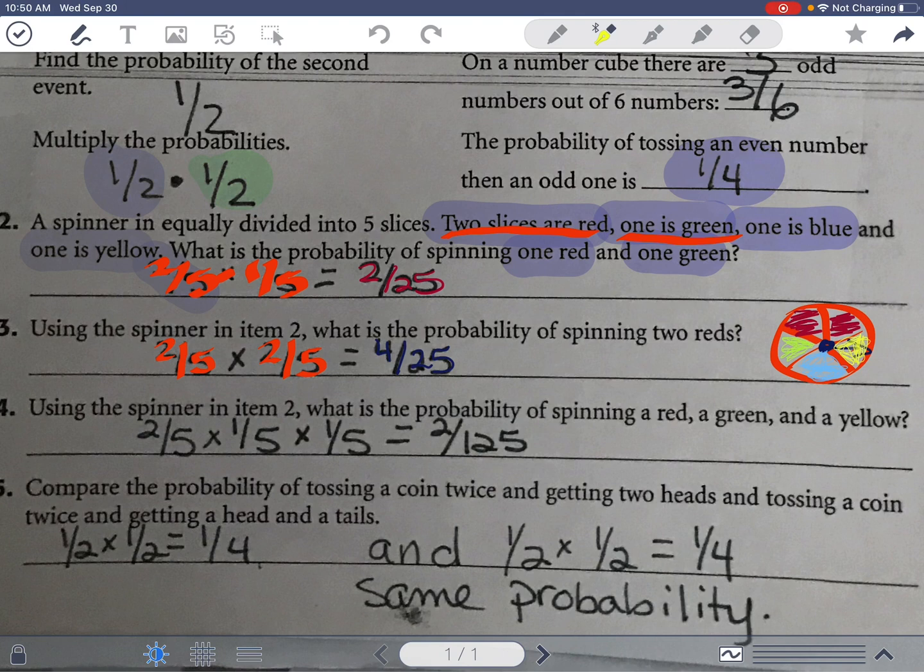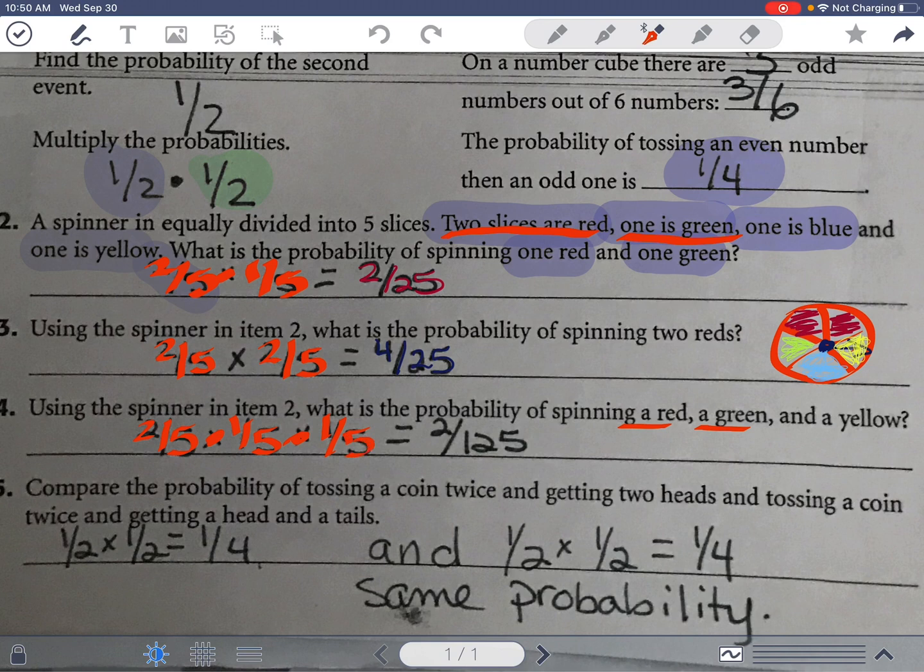So number 4, use the spinner in item 2. What's the probability of spinning a red? Well, that's 2/5. We've already determined that. The red are 2 out of the 5 times, spinning a red, a green is 1 out of 5 times, a yellow, which is also 1 out of 5.